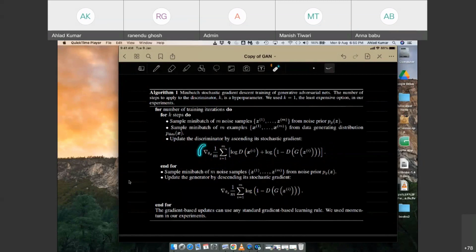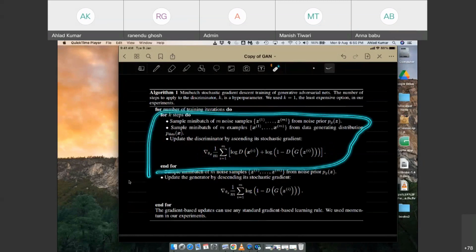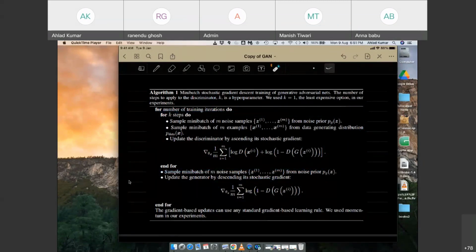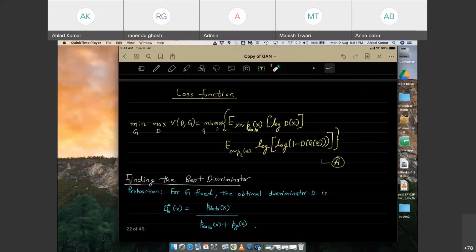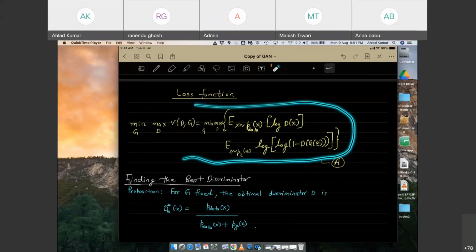So you are doing a derivative with respect to the discriminator here to calculate the gradients, and then once you do the training of the discriminator here, you move to the generator, where you again do the stochastic gradient descent to update the gradients of the generator. This is quite famous, you can see this in the paper, this particular algorithm, how to update it.